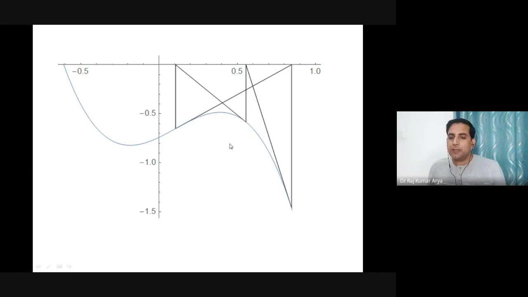However, the root is not in between this zone, because the root is somewhere here. Correct or not? So it is highly guess dependent in this particular sense. This particular zone is not at all good to give a guess.